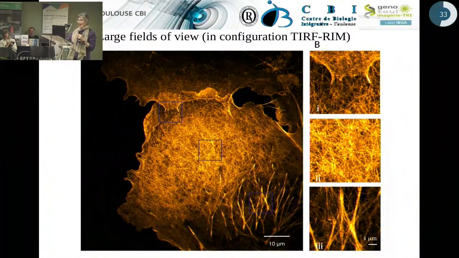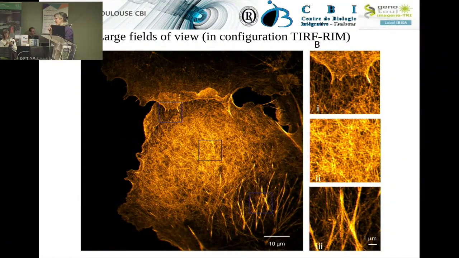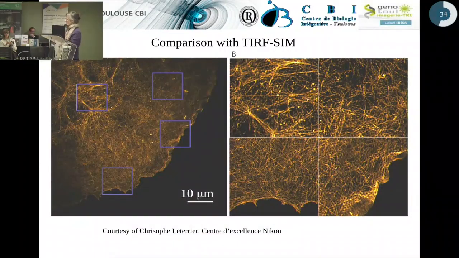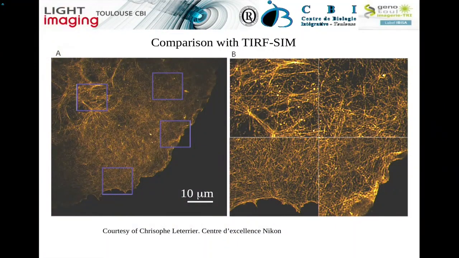What is really nice for biologists is when you want to do high-throughput screening, so you have many, many samples to do. RIM always works, whereas if you use SIM, sometimes you get honeycomb structure. So it's much more robust.